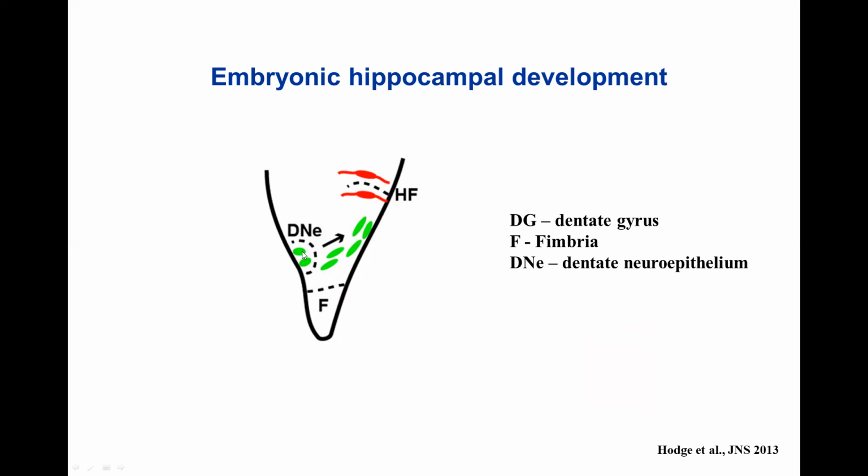So these neurons exit dentate neuroepithelium at embryonic day 14 in the mouse. They first migrate radially and then extend along the outer surface of the telencephalon for a while, and then migrate again radially along the hippocampal fissure to form the dentate gyrus.